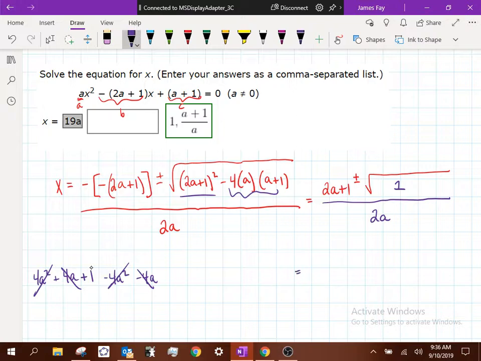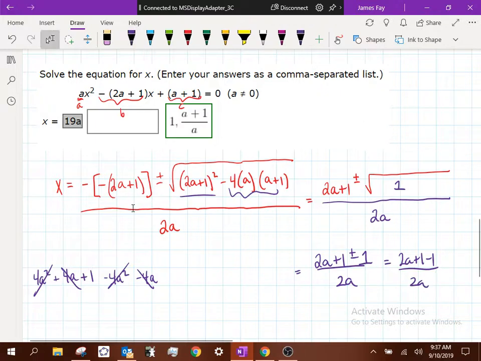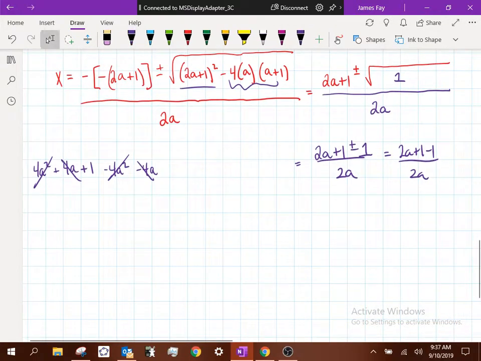We'll continue to simplify. What's the square root of 1? 1. So I have 2A plus 1, plus or minus 1, all over 2A. Well, then that turns into 2A plus 1 minus 1 over 2A, and it turns into 2A plus 1 plus 1 over 2A.